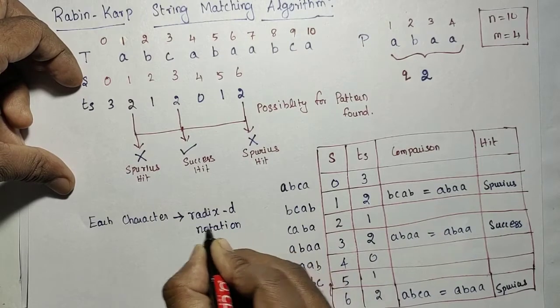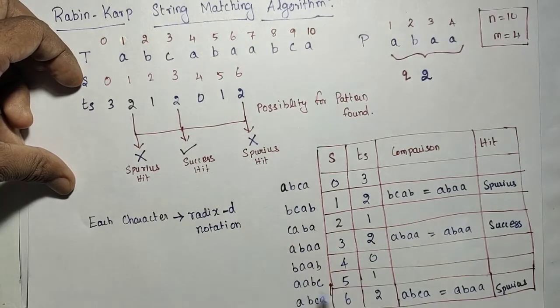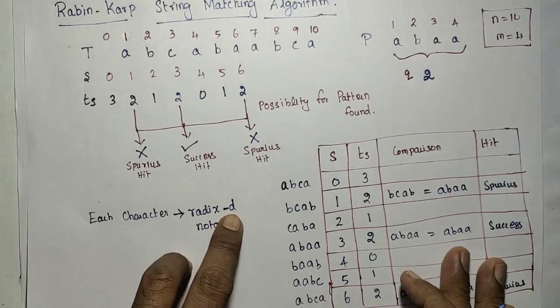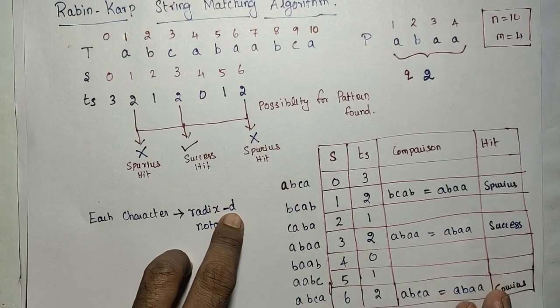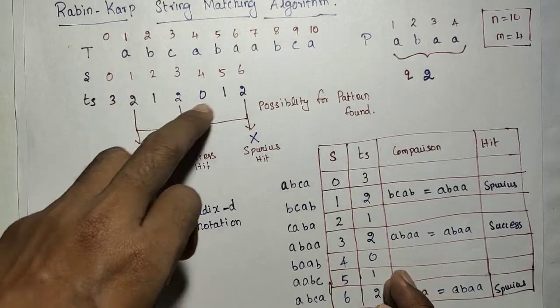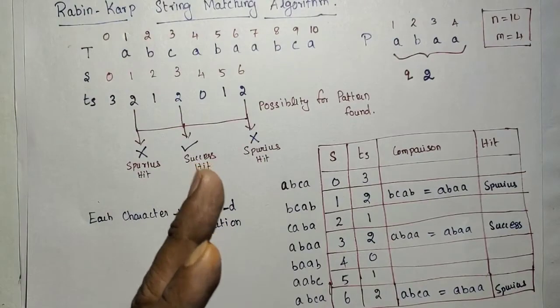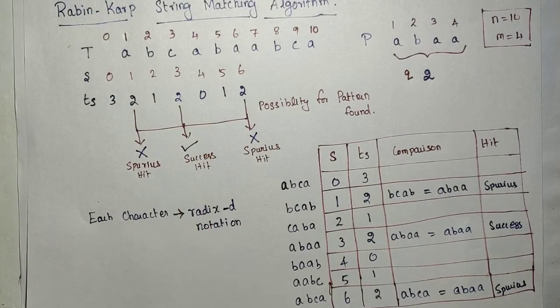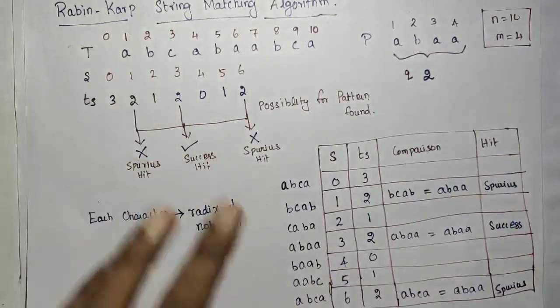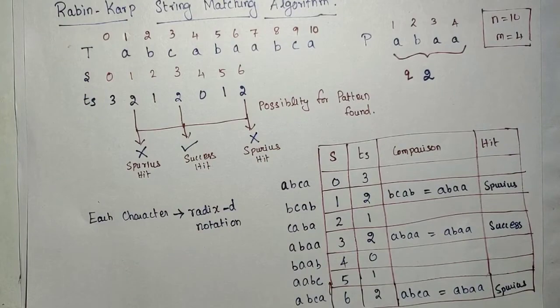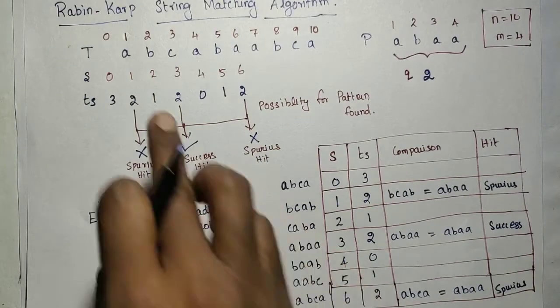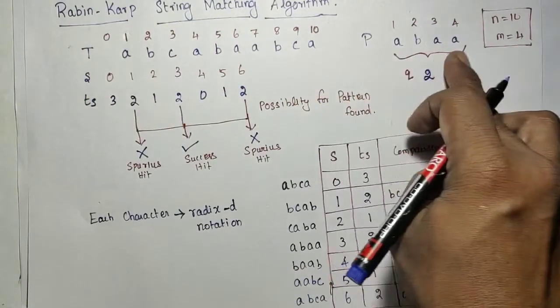What is that radix d? The d is nothing but the number of unique characters used in the input string and the pattern. Just look at the pattern and this string.